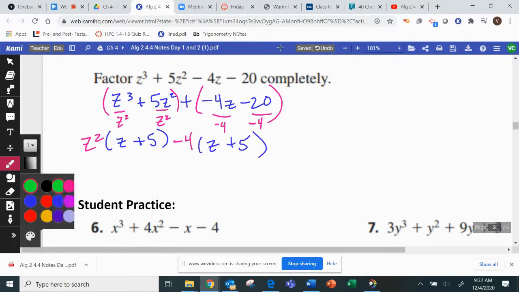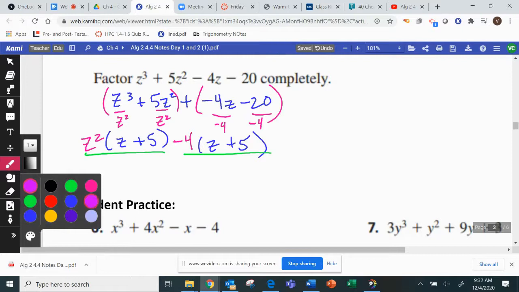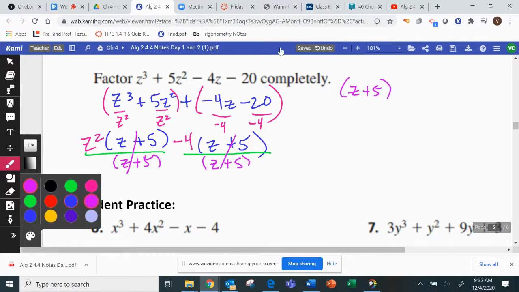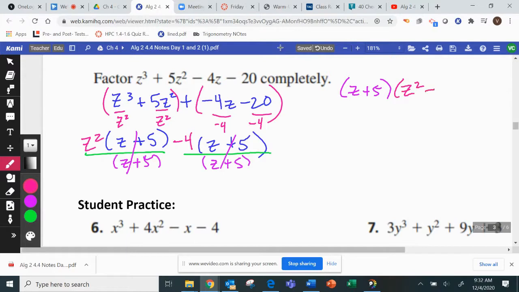From here, for both sides, this becomes a binomial now. I can take out the z plus 5 from both of these, which goes in front. And then what's left over is z squared minus 4.